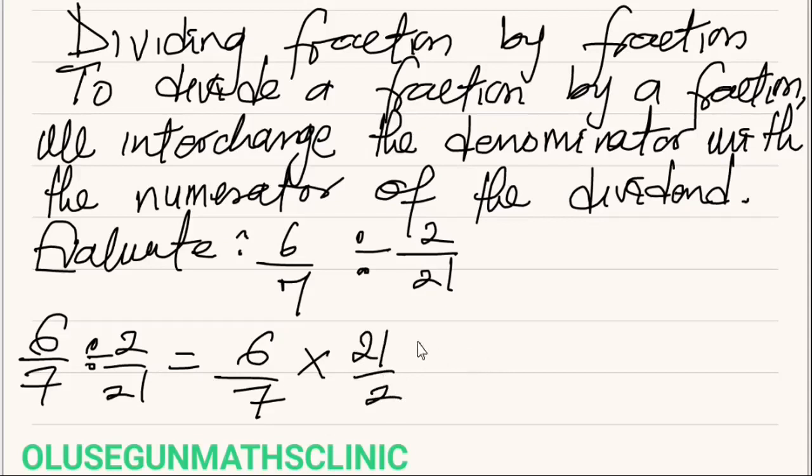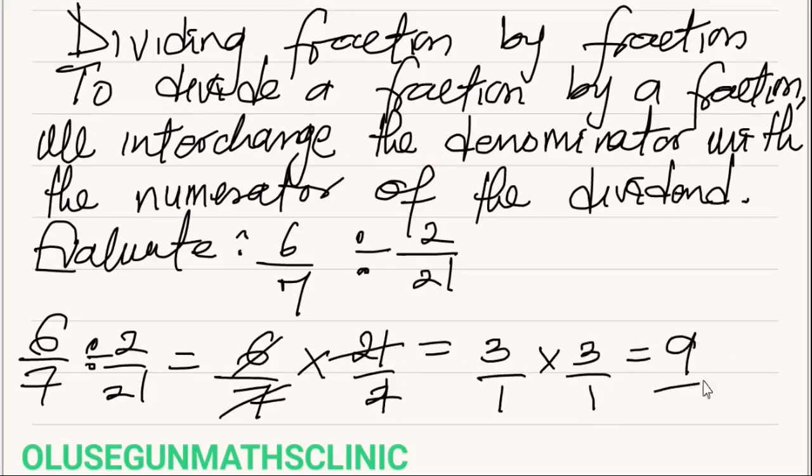So meaning that we cancel this, we have 3 over 1, times, we cancel this, we also have 3 over 1, which is 9 over 1, which is equal to 9. So that is just the logic of dividing a fraction by a fraction. So let's also simplify another meaningful example.